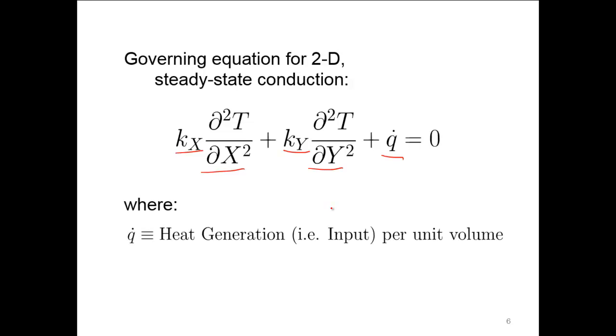That's the heat generation per unit volume. So if a volume that energy is flowing in and out of is actually generating heat, then we would include that term. That's actually something we won't be looking at here, but would show up in the general equation. All right, the area disappears because we divide through by the area and it goes to 0. So that's our steady state conduction equation.